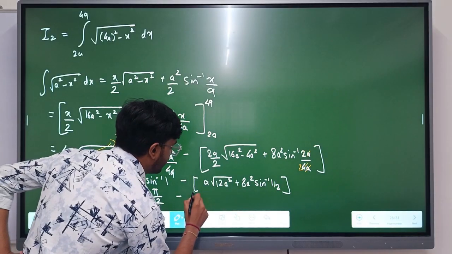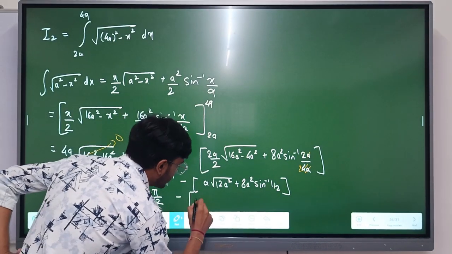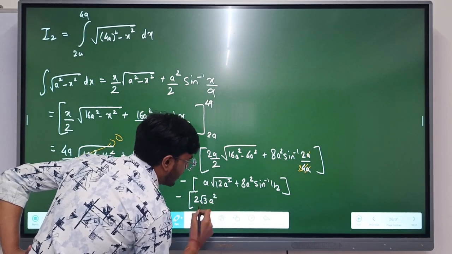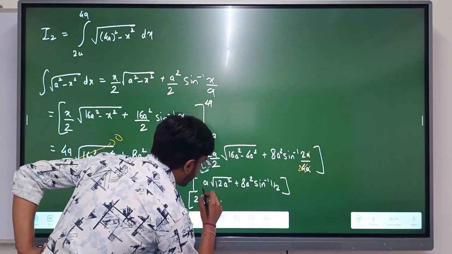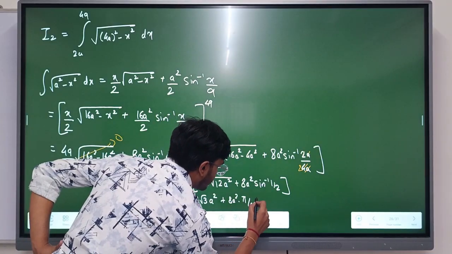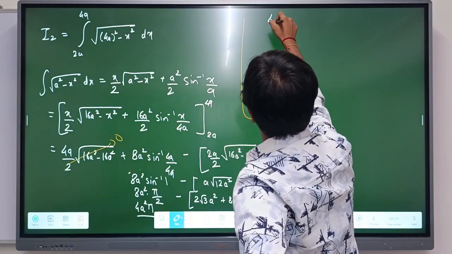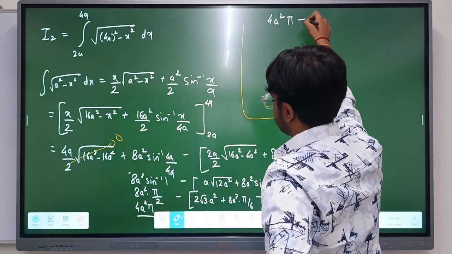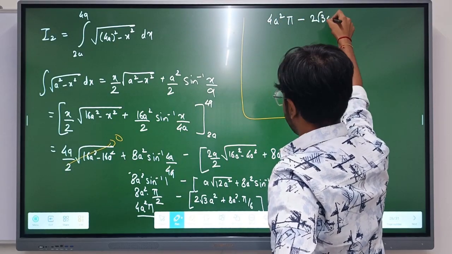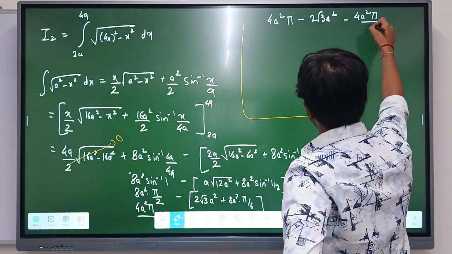So minus of a root 12, 2 root 3 a square, plus 8a square into sine inverse 1 by 2 is pi by 6. So I can write it as 4a square pi minus 2 root 3 a square minus 4a square pi by 3.